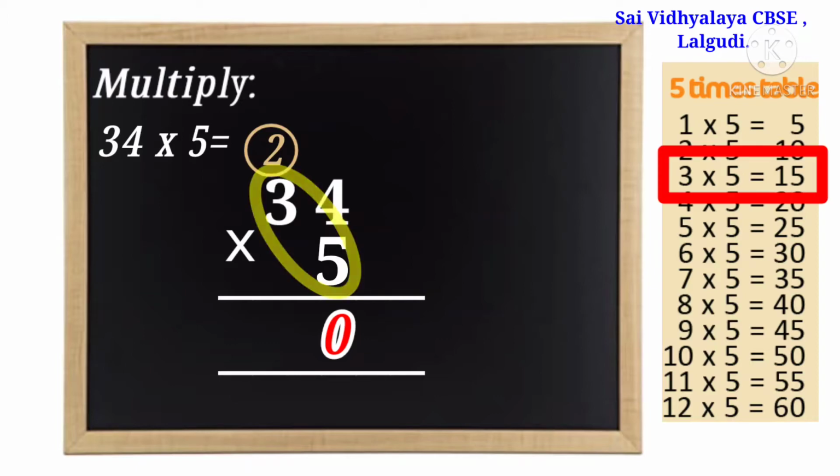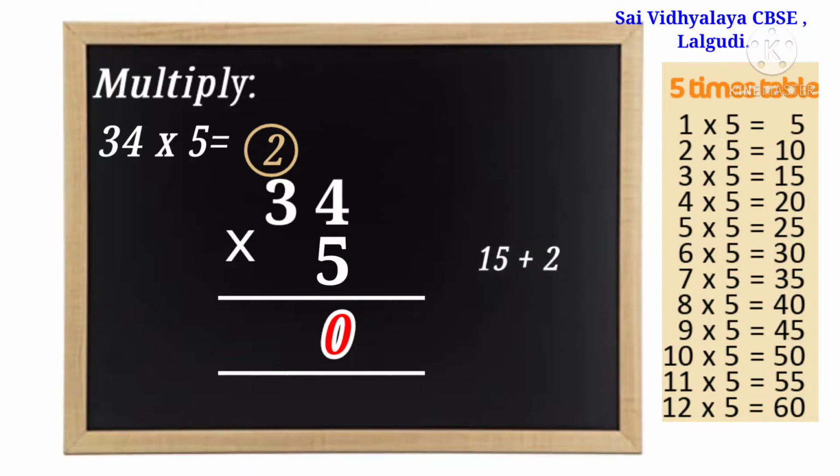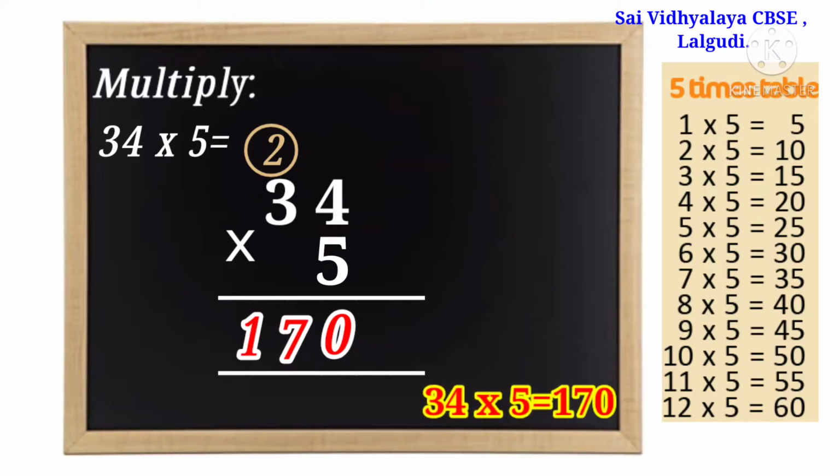In the 5 times table, 3 5s are 15. I already said we should add the carryover. 15 plus 2 is equal to 17. Write 7 in the tens place and 1 in the hundreds place. Therefore, 34 into 5 is equal to 170.